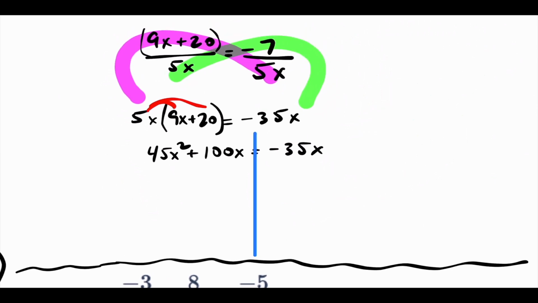Well, it's got a squared, just like the ones with the big numbers, but it's still got a squared. So we're going to get everything on one side, set it equal to 0. So I'm going to add 35x to both sides.